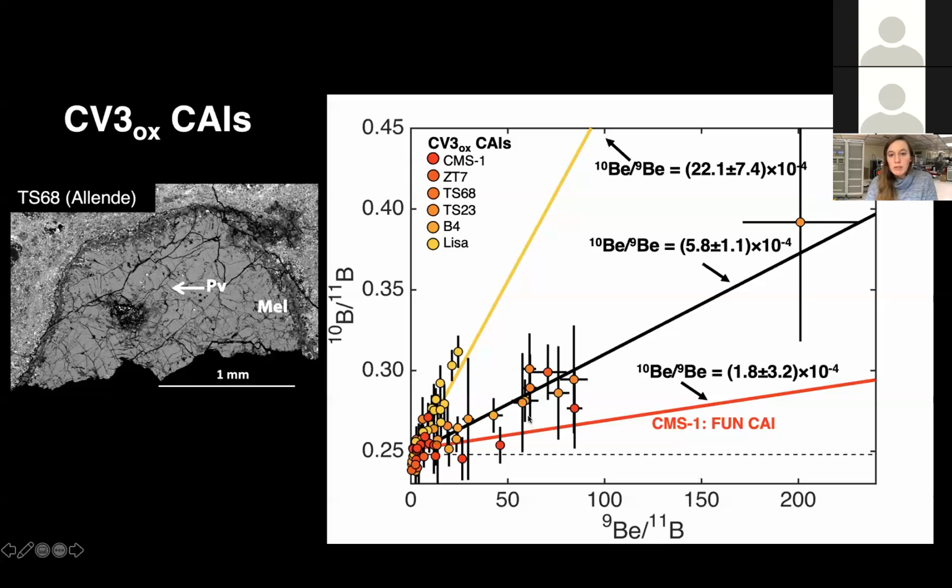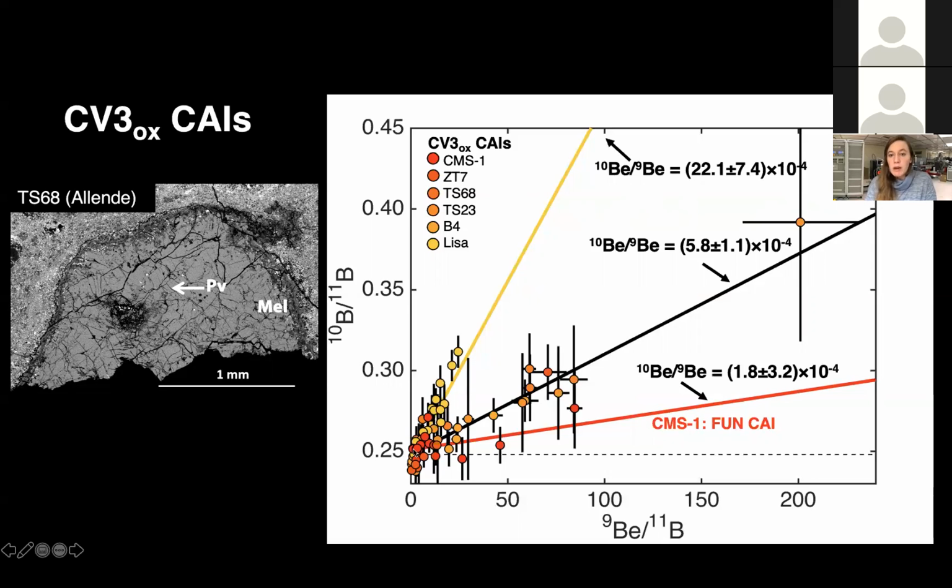Each spot is one analysis point on the sample, and the lines are the regression through the data points to find the slope. The slope is really what we want here because it's equivalent to the initial beryllium-10 abundance.